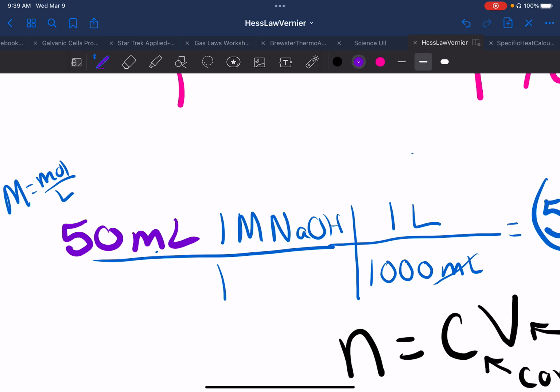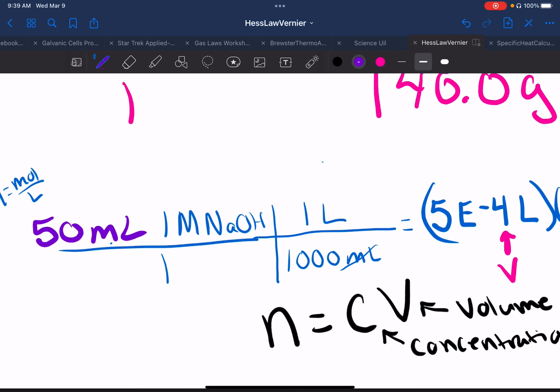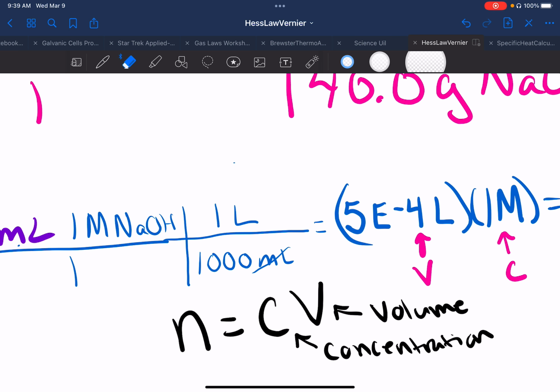There are 1,000 milliliters in 1 liter, so I just need to divide, or move my decimal. I need to do that conversion first. Sorry for that. The idea is that n equals C times V, where C is your concentration and V is your volume. My volume is now 5 times 10 to the -2 liters.